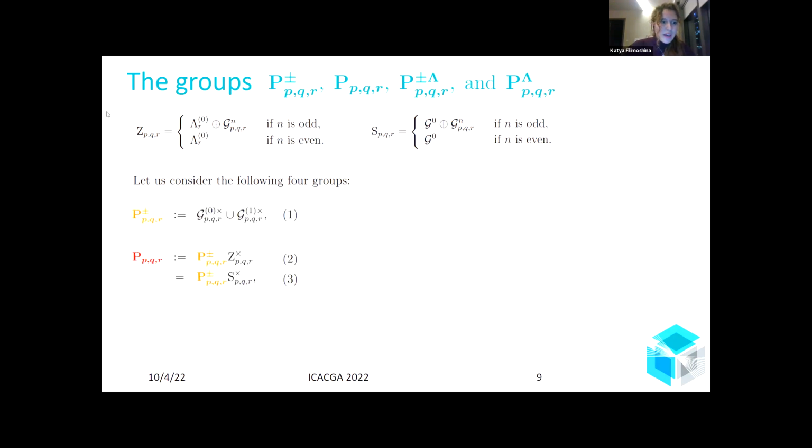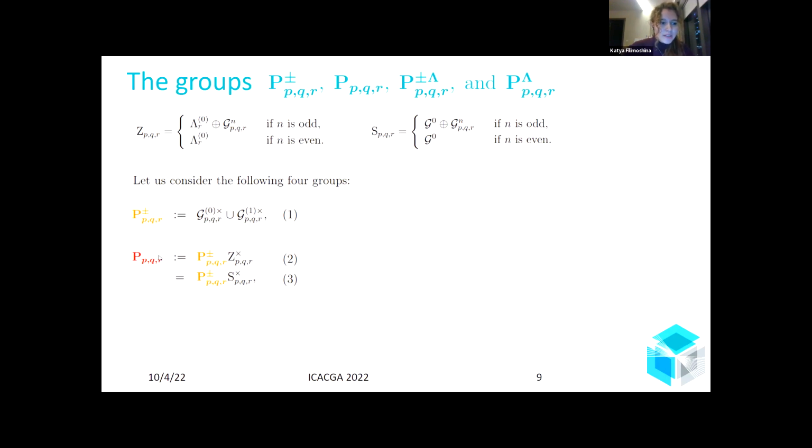The first group is the group P with the upper index plus minus, the yellow one. Note that the upper index plus minus means that we consider the even and odd elements. This group is the smallest one and it has the simplest definition. So this group consists of the even and odd invertible elements.